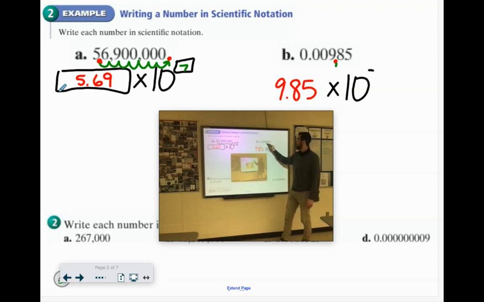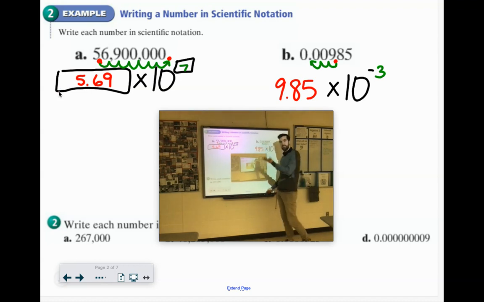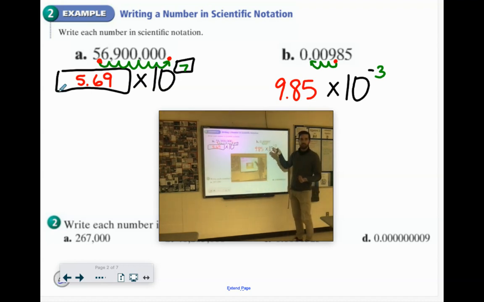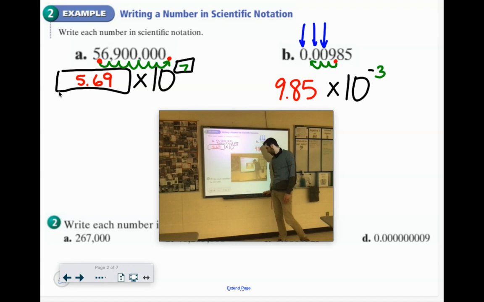So look, 1, 2, 3 places. Another way you can do it with these very tiny numbers is to count the zeros in front of the first digit. There's 1, 2, 3 zeros in front, so it's to the negative third power.